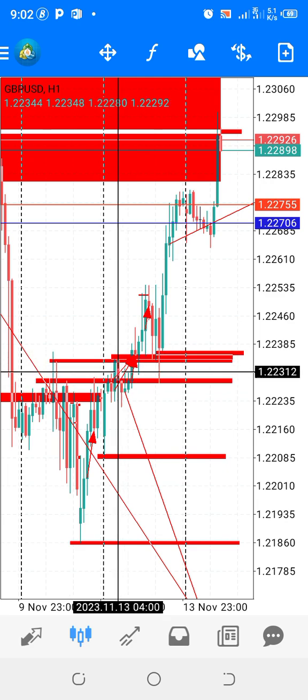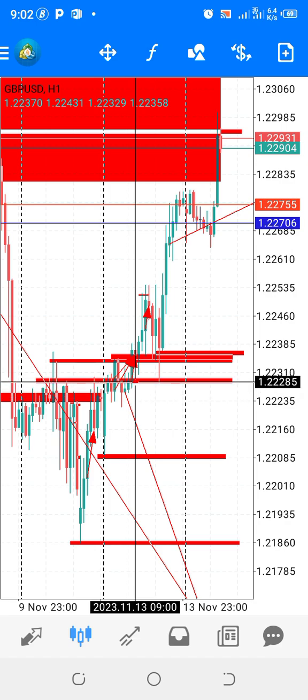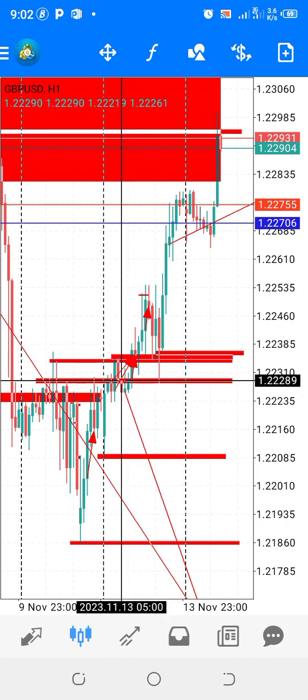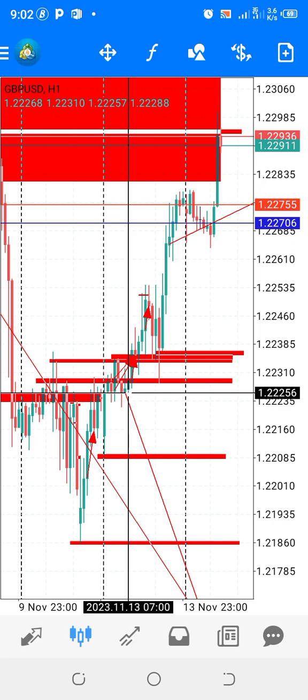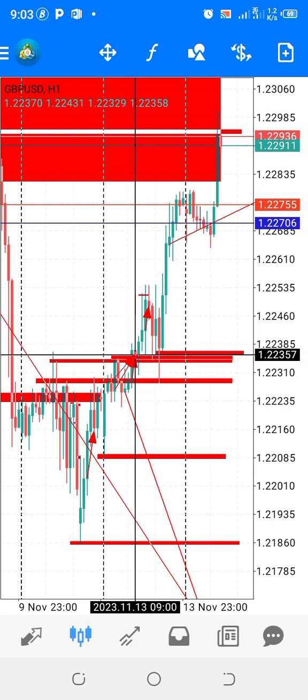So since this was a bearish fragmented move that's supposed to give you a bearish entry, it will now give you a bullish entry. Then you hold until the impulse is broken.